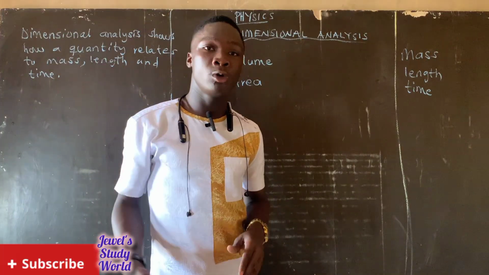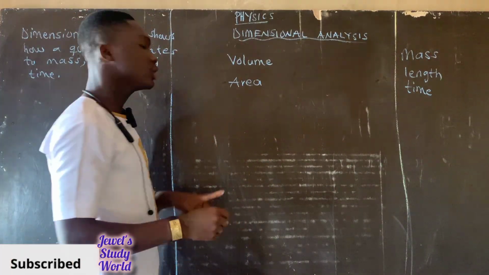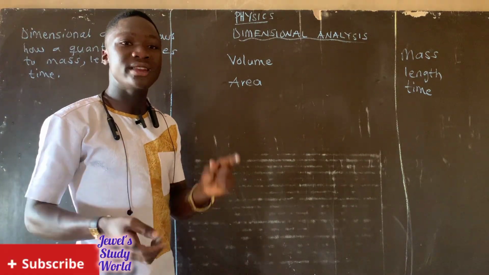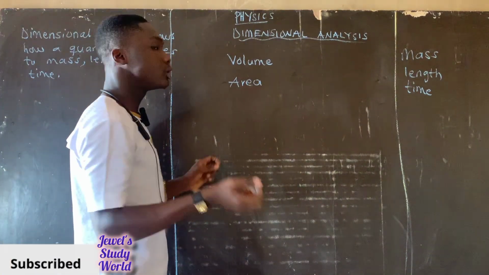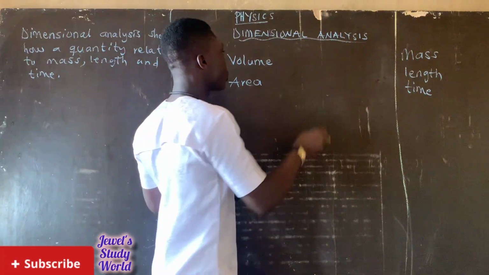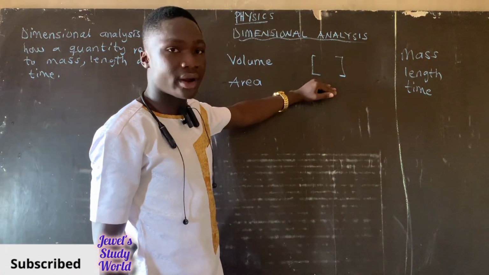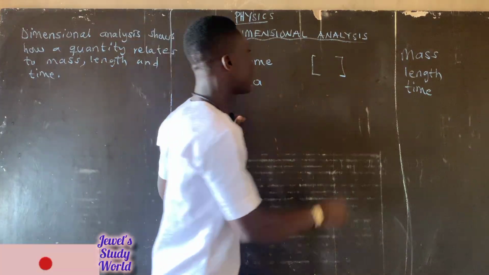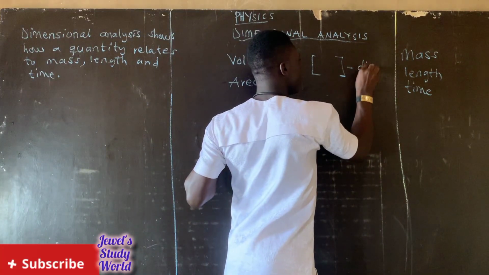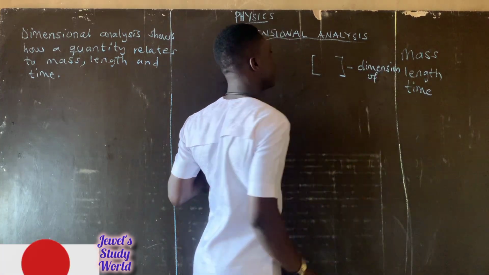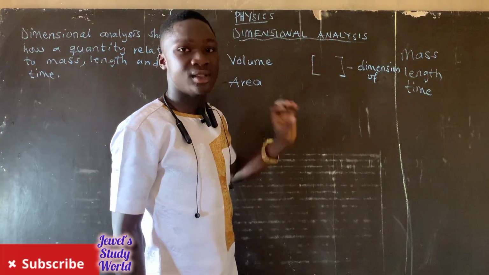Before we go to the uses of dimensional analysis, let's see this. To find the dimension of any given quantity, you have to put that quantity in a square bracket. This square bracket in this topic means dimension of.